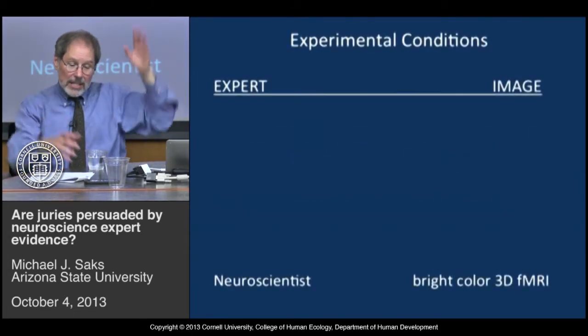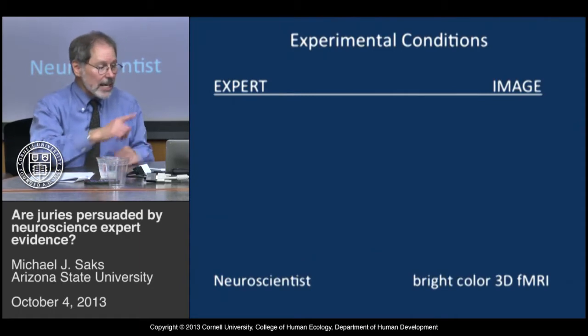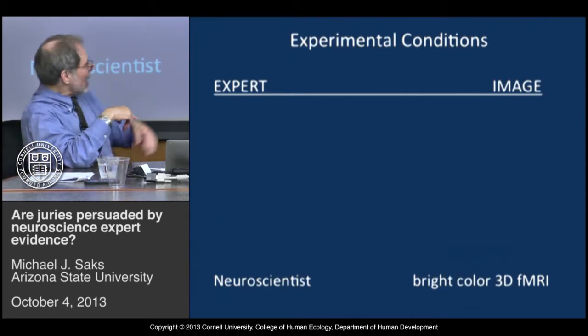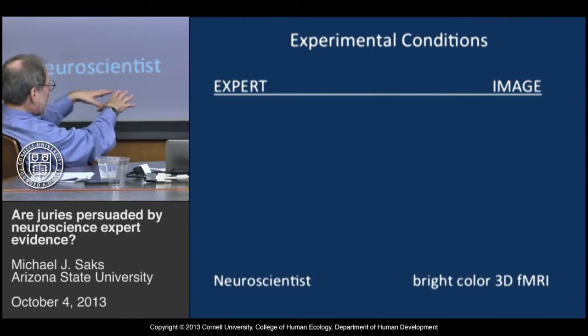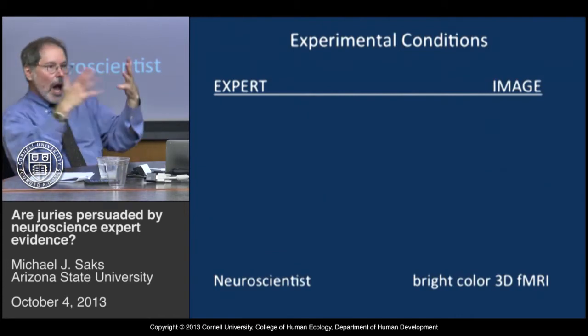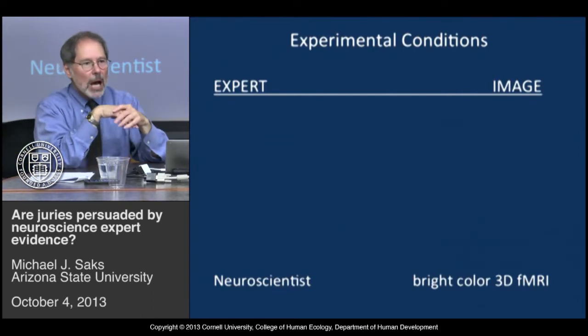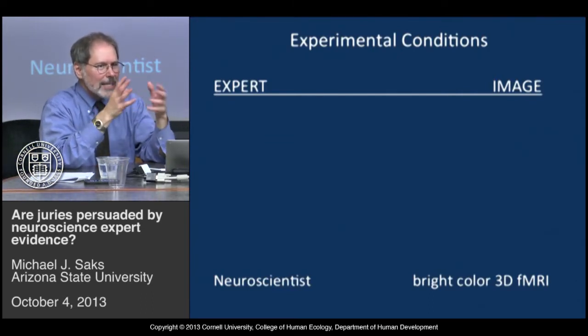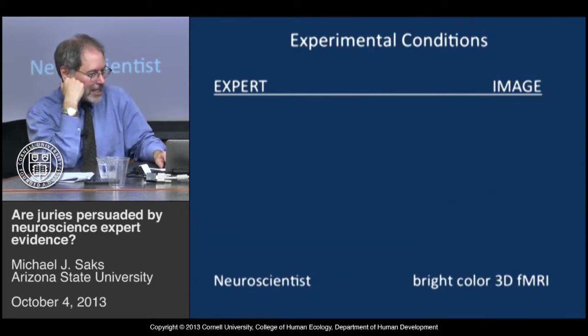And now, here are all these control conditions. This is the target condition. A snazzy, brightly colored, three-dimensional fMRI image accompanying testimony by a neuroscientist explaining what this picture tells us about the defendant's brain.